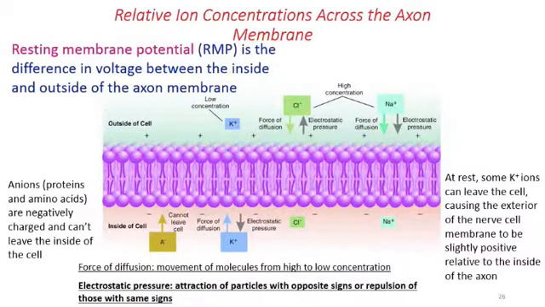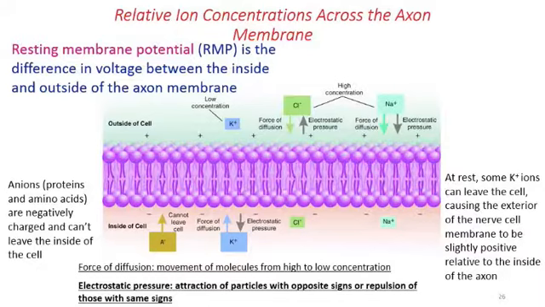And so the resting membrane potential, or RMP, is just a difference in voltage between the inside and the outside of the axon membrane. As I mentioned, these anions, which are proteins and amino acids, negatively charged ions, are on the inside of the cell, and because of their size and the lack of an ion channel to let them out, they can't leave the inside of the cell.